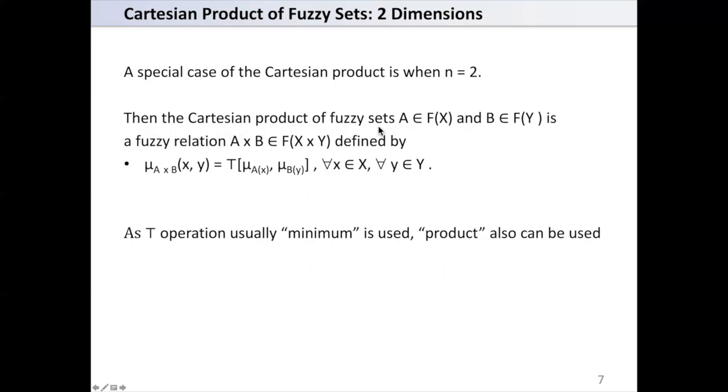Then the Cartesian product of fuzzy sets, A an element of the fuzzy sets on X and B an element of the fuzzy sets on Y, is a fuzzy relation A Cartesian B, an element of the fuzzy sets on X Cartesian Y, defined by the membership of the Cartesian product of A and B for the point xy as a t operation on the membership value of A at x and the membership value of B at y, for each x element of the universe of discourse X and for each y element of the universe of discourse Y. As the t operation, usually minimum is used. Product multiplication can also be used.